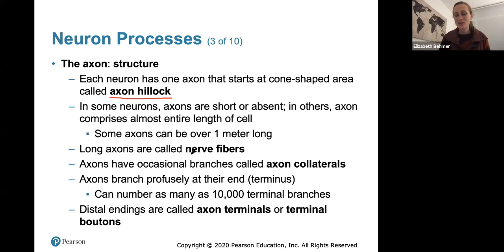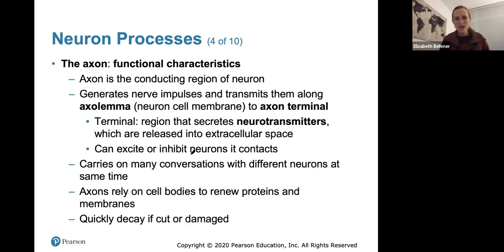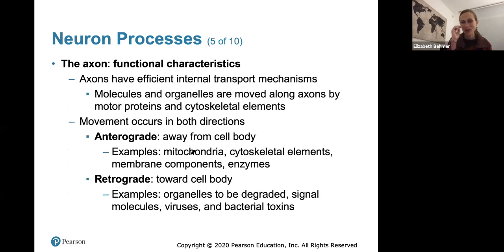Long axons are called nerve fibers. And the axon is usually where the action potential will occur, which means this is where the nerve will send on its signal down the length of the axon process. So I'll let you read through some of these functional characteristics of the axon, and we're going to go over a lot of these functional characteristics when we talk about how they work.